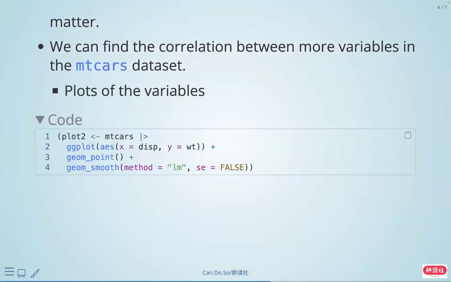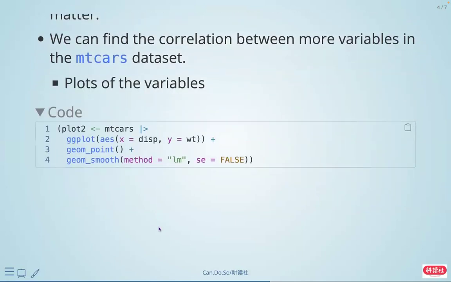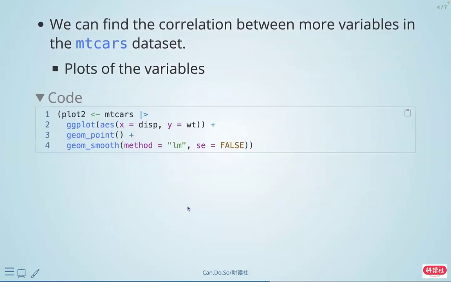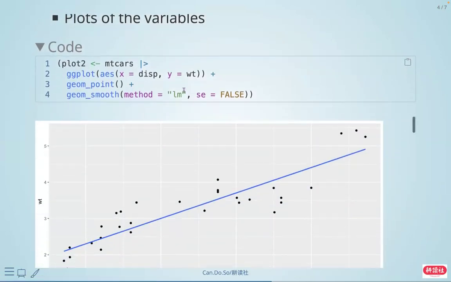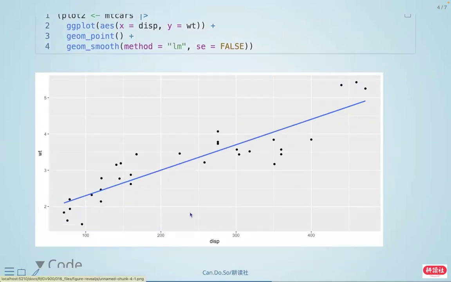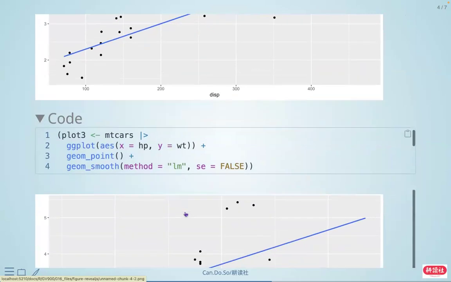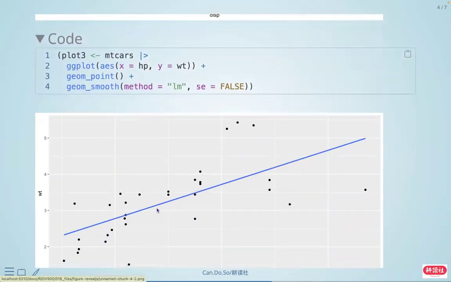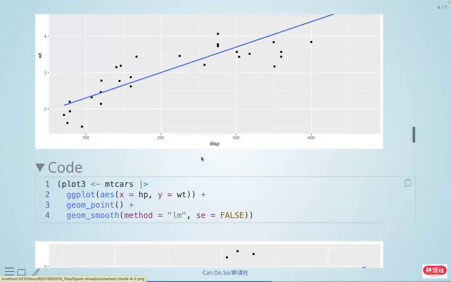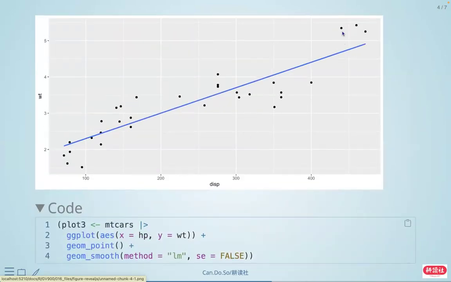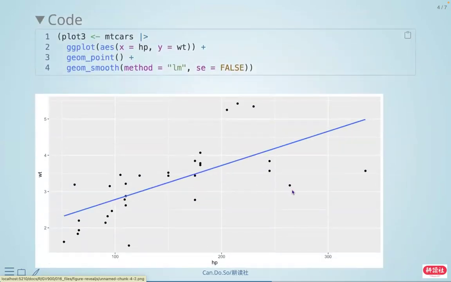Now let's take a look at more variables. One is displacement against the weight, which is positive and quite strong. And this one is also positive, but I guess it is not as strong as this one, because in this one all of the values are close to the regression line. And in this one, the points are a little further, and here a little further, and this a little further.